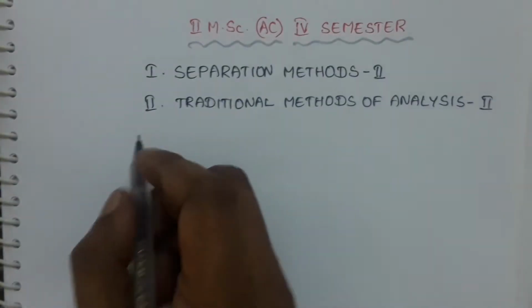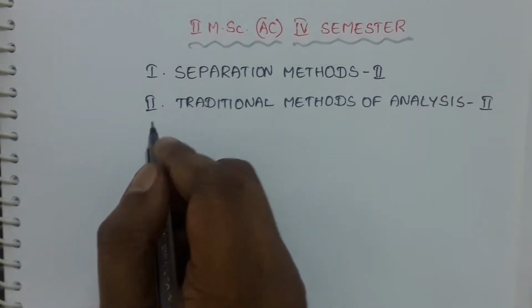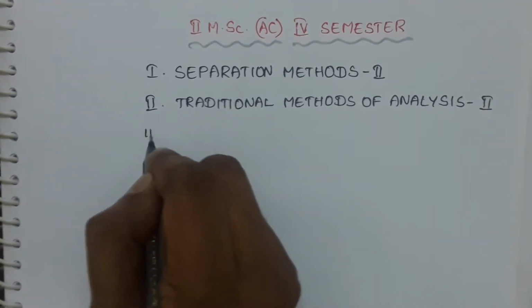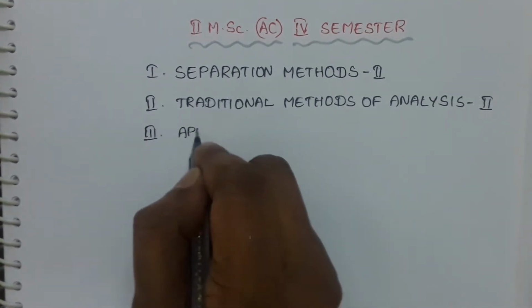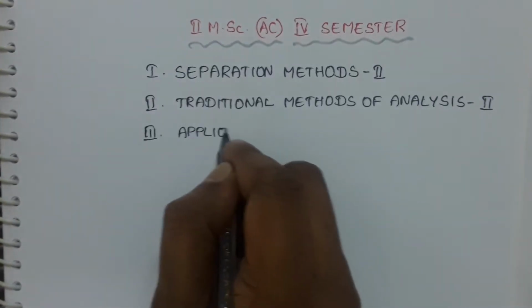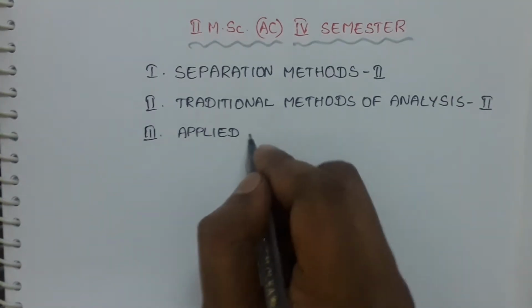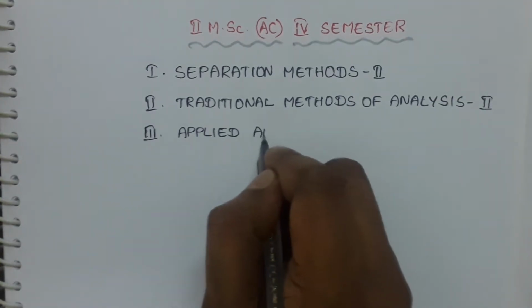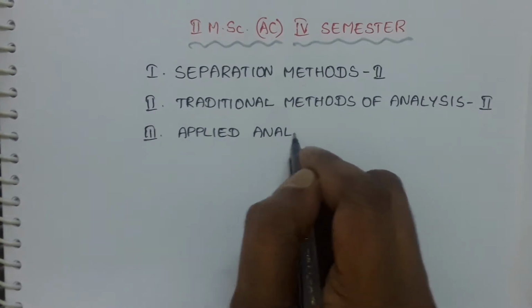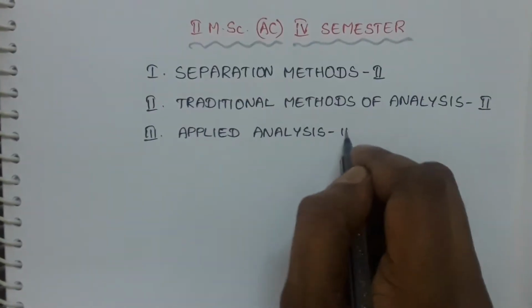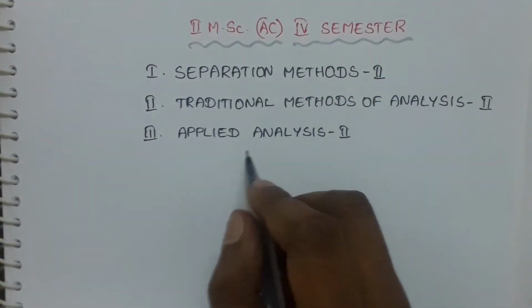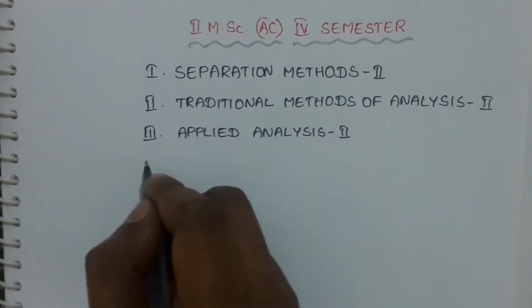Here it is traditional methods of analysis 2, paper 2. And paper 3 is applied analysis 2. Applied analysis 1 is present in third semester. In fourth semester, it is applied analysis 2.